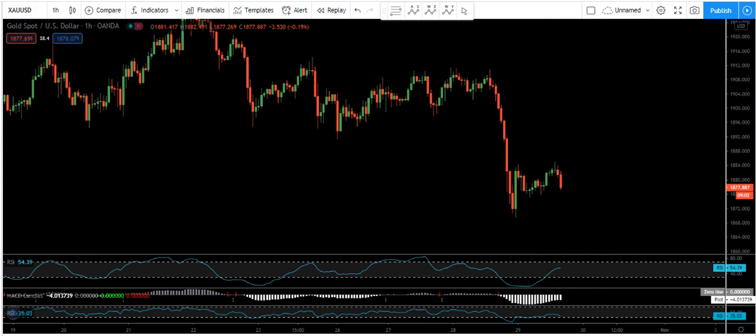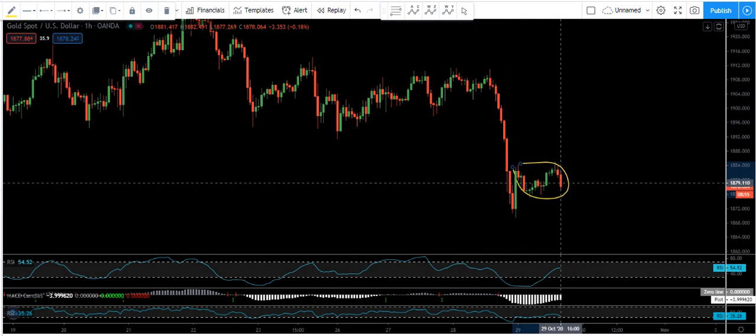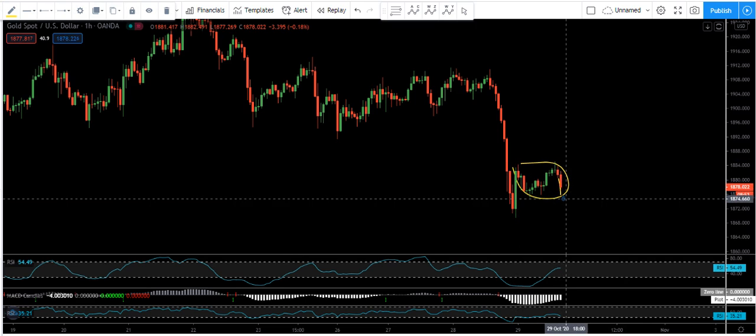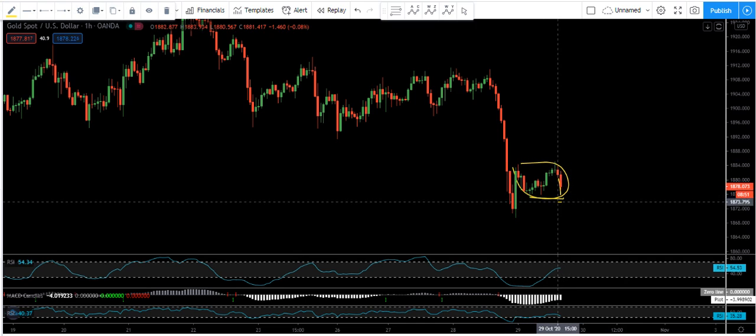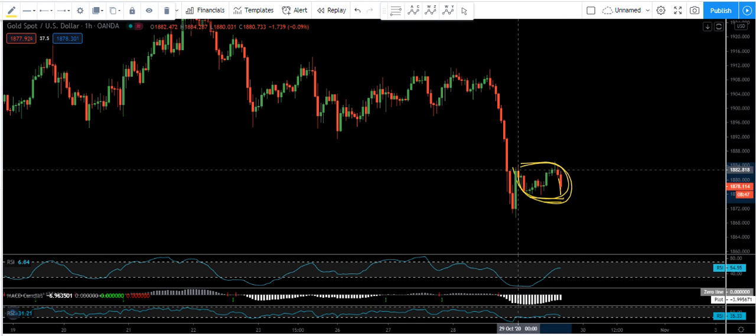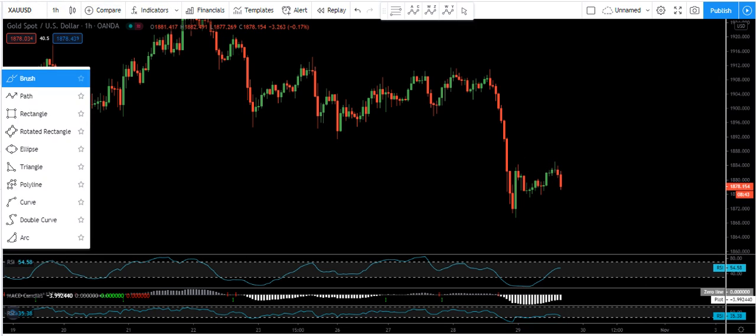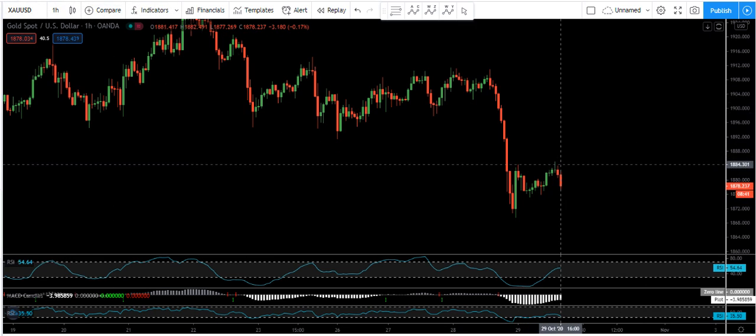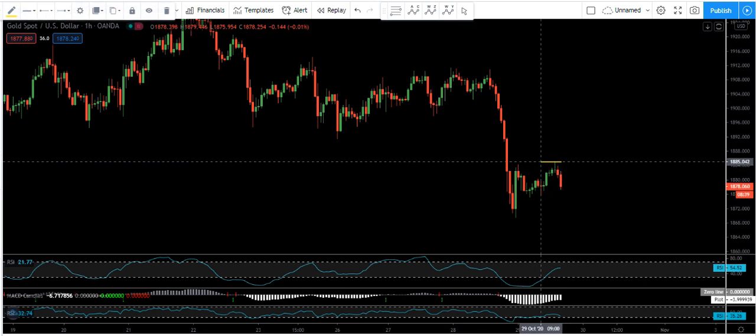In this case we want to see how this correction can form, and if the price drops a bit more within this range, or a bit lower also is okay, then we can look at this as an up move. That means a correction for the up move, and one of the options can be having entry above this.